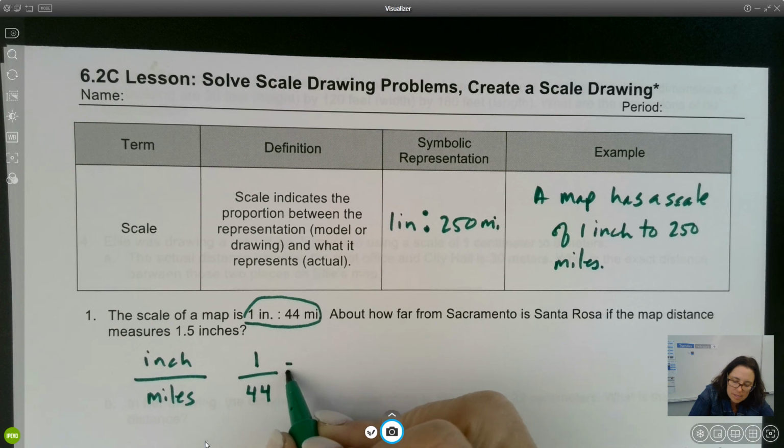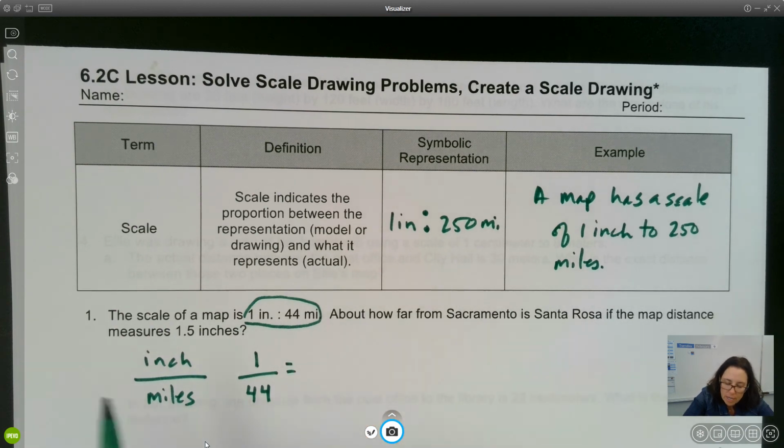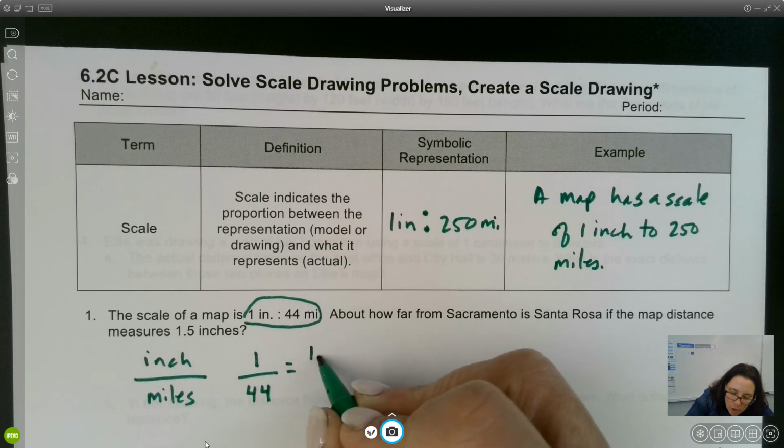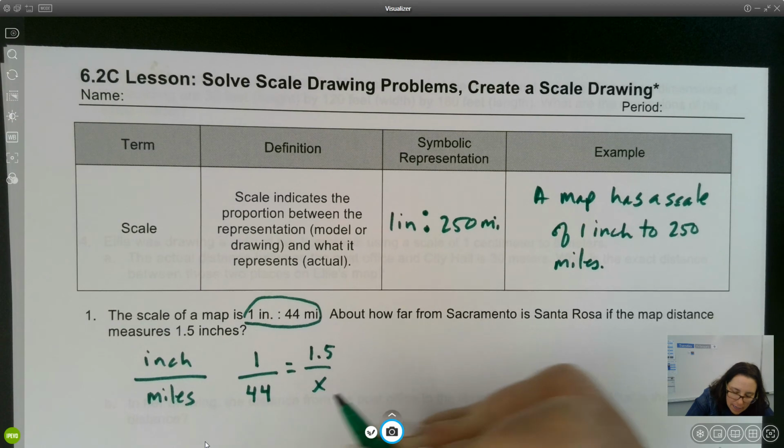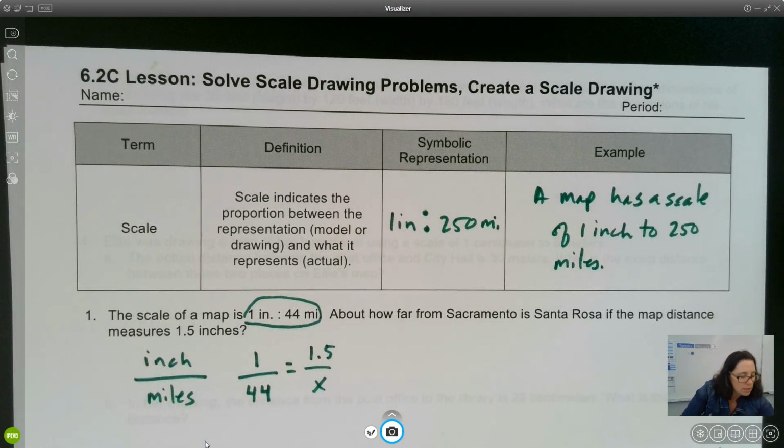Okay, and that I'm going to set equal to, they tell us the map distance measures 1.5 inches. Okay, so you could have said map over actual if you wanted to say it in those words. But 1.5 inches is going to go on the top because that's where my inches are. And then X is our unknown.